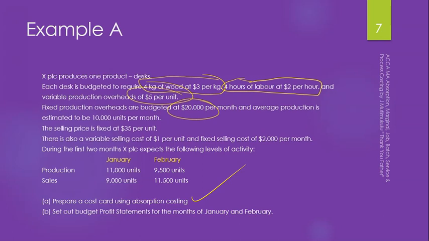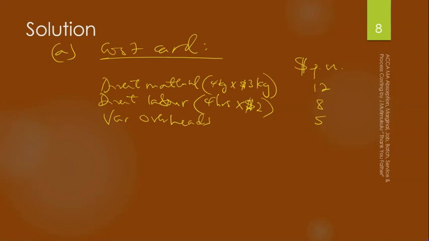So the fixed cost per unit should actually be $20,000 divided by the budgeted production of 10,000 units, and we are going to have our fixed cost per unit of $2.